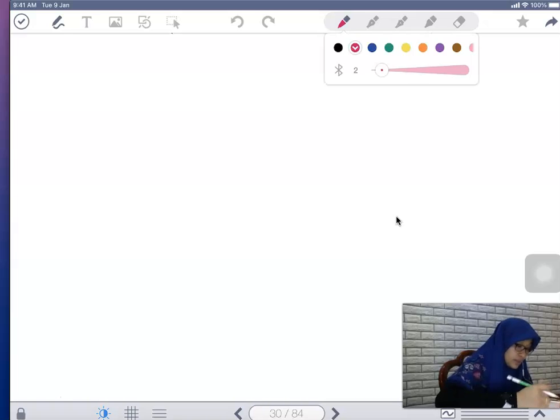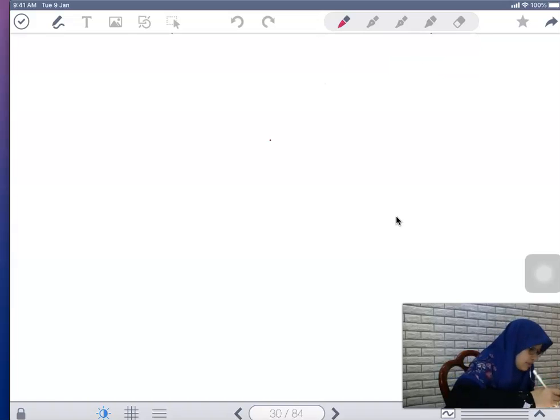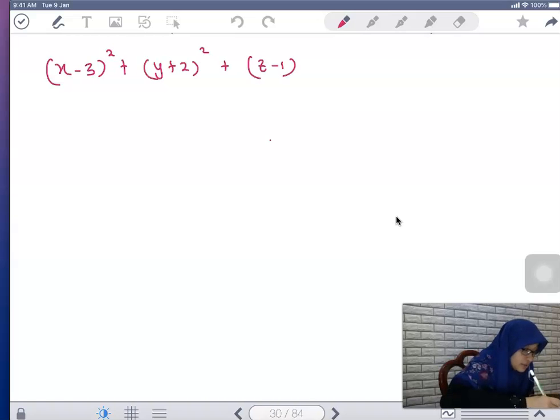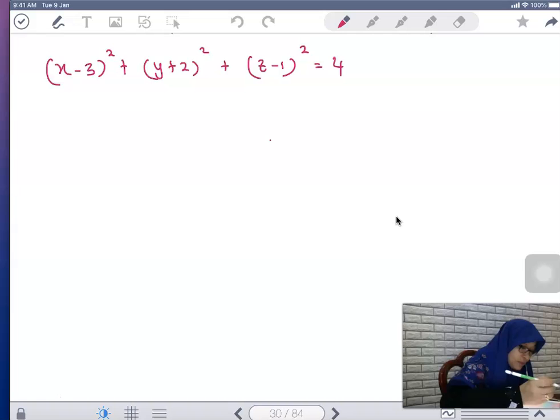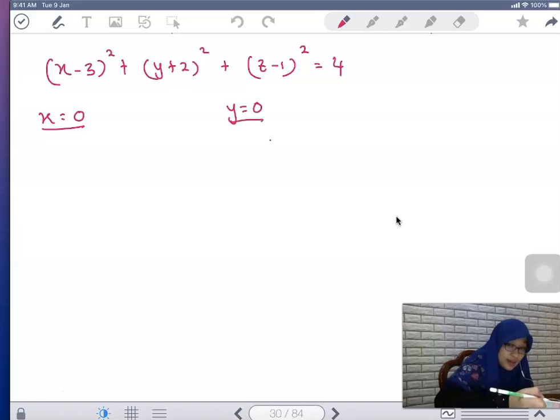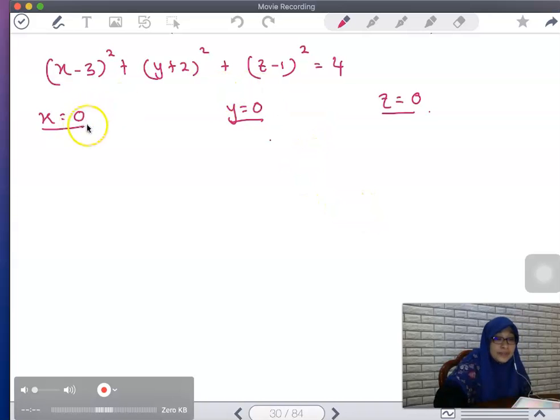Now we are talking about x minus 3 squared plus y plus 2 squared plus z minus 1 squared equal to 4. Just like the previous one, we set x equal to 0, y equal to 0, z equal to 0 and see what the trace looks like. But this only works when the center is at 0, 0, 0.